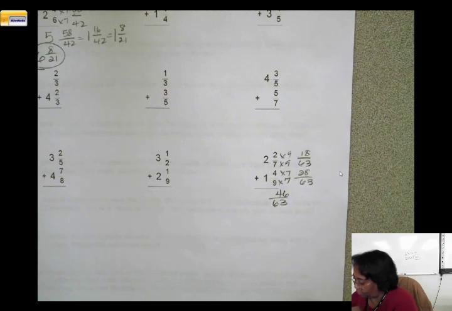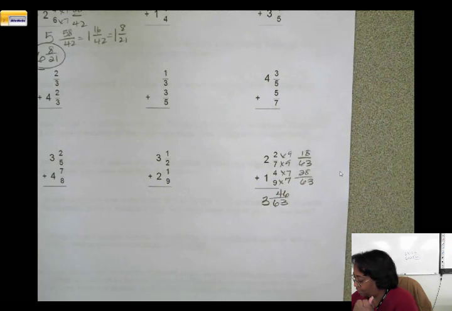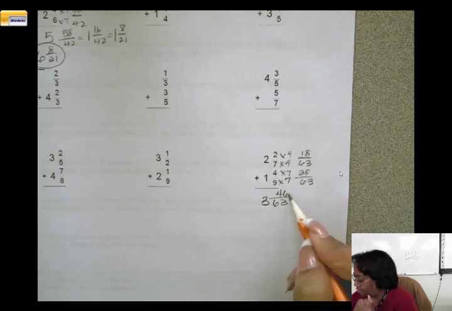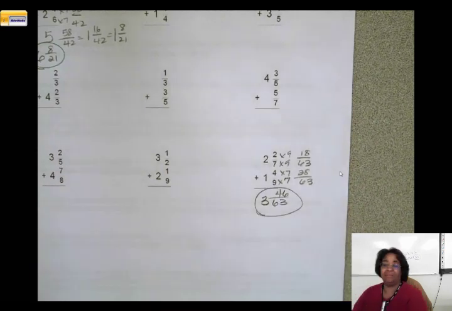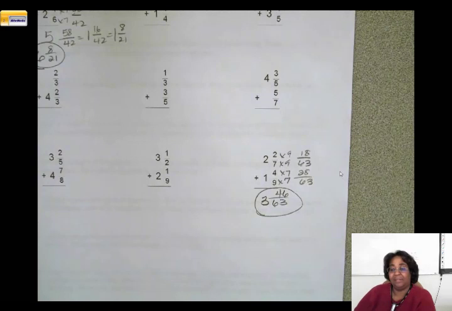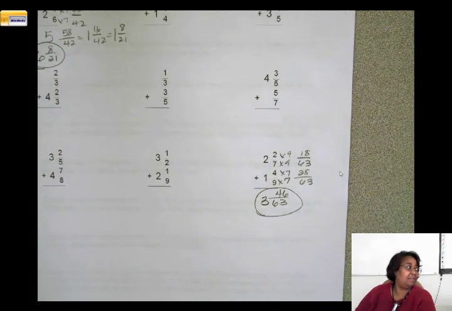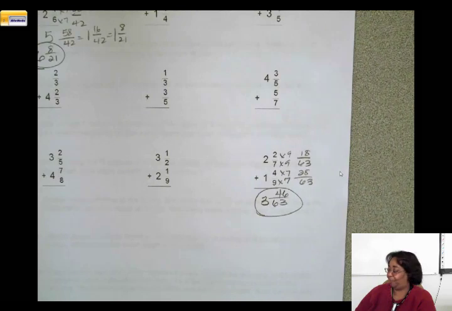I don't think we can reduce it. 3 doesn't work. Alright, so I'm getting 3 and 46 over 63. That'd be 21, 2 goes into that one. 23. Yep. I think we have to just leave that one like that. 46 over 63. I don't see anything that reduces 46 and 63. Can you guys think of anything? Nope.